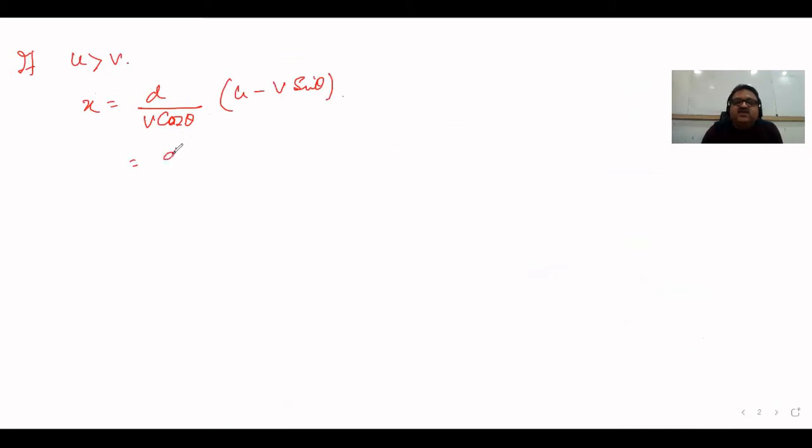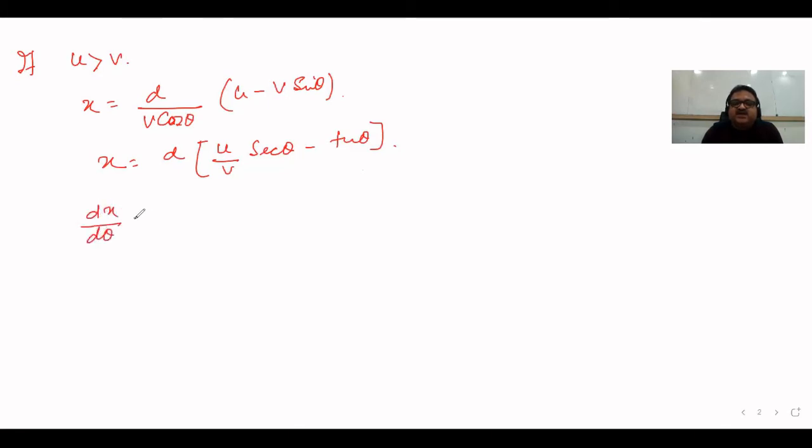Look at this, take D common: D times (U by V sec theta minus sin theta by cos theta, that is tan theta). Now to make X minimum, we have to apply the concept of maxima and minima, correct? That means we have to do like this.